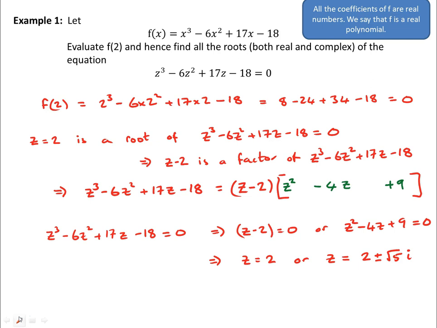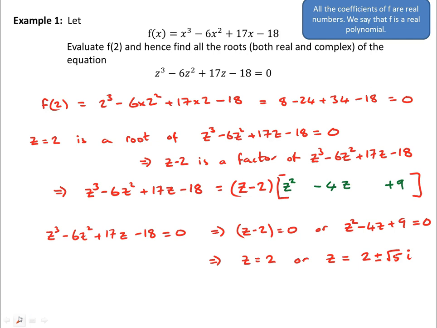Now, notice that all of the coefficients of the original polynomial are real numbers. When that is the case, we say that f is a real polynomial. So a real polynomial is one that has all the coefficients of the powers being real numbers.